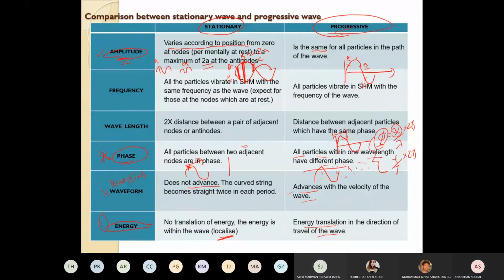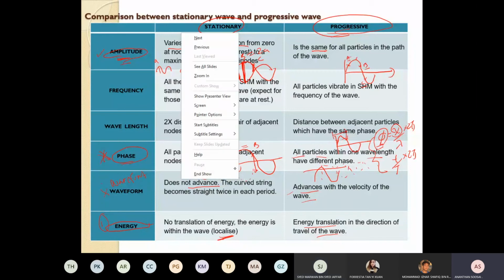You see, for the phase, take the first loop and the second loop. First loop, A and B. Okay, I draw A and B. If A goes down, B also will go down, right? They come to the bottom.